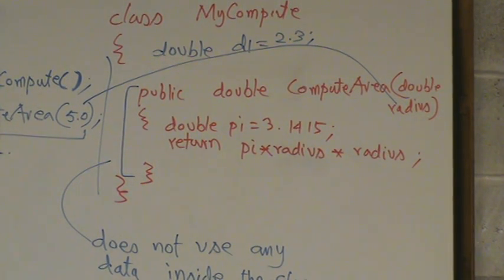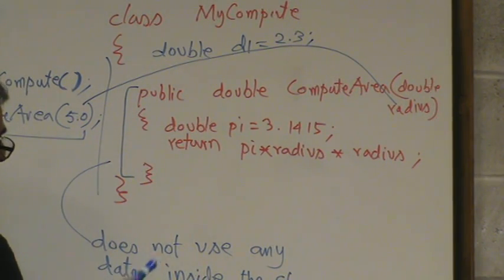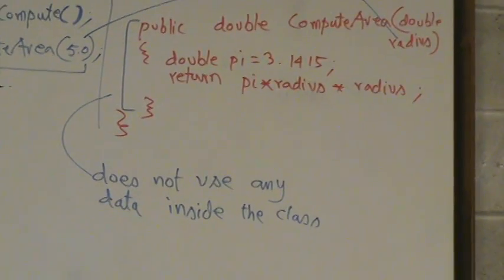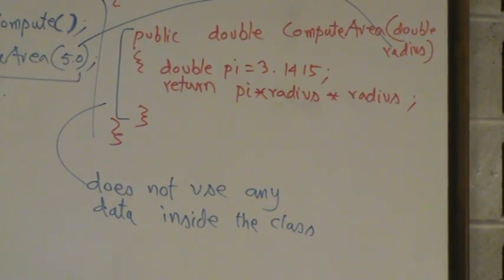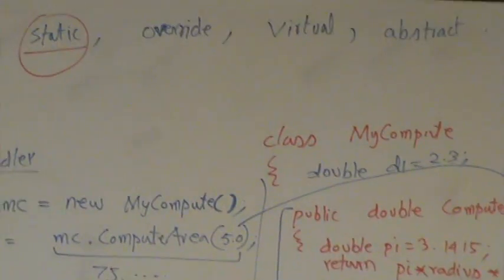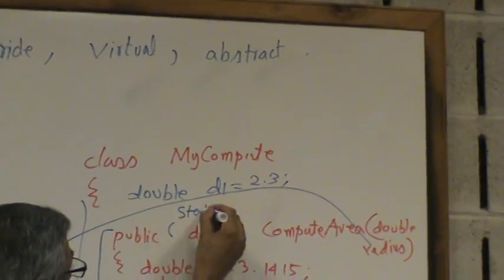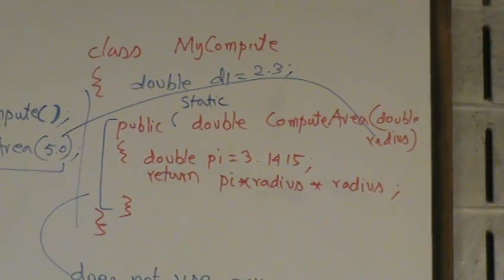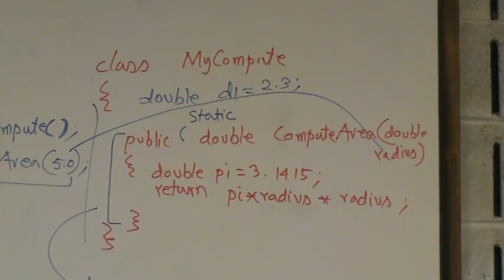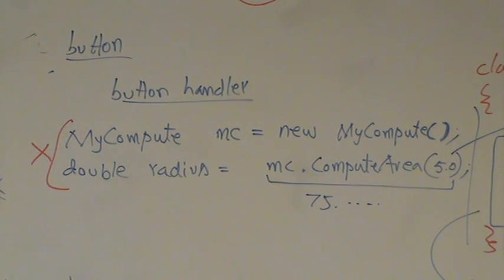Okay, so to make our life easier for those cases where the function does not use any data inside the class, we have the static keyword, okay? So in this case, what we will do is we will add an extra keyword over here called static, okay? So the minute we add static over here, this is not the way we will call the function, so this will not work, okay?